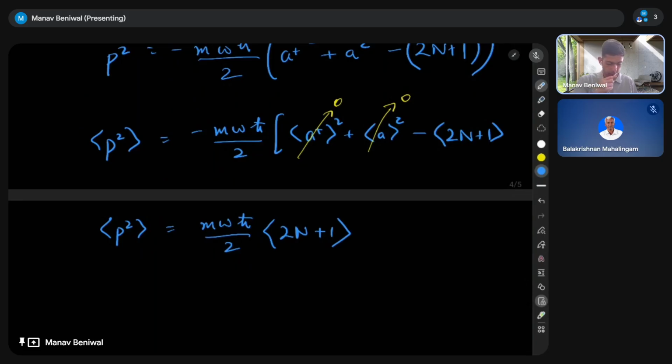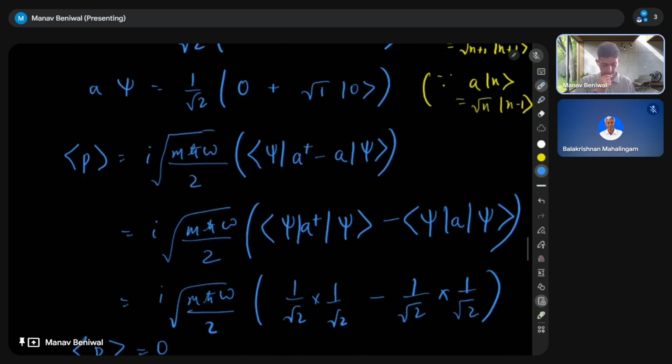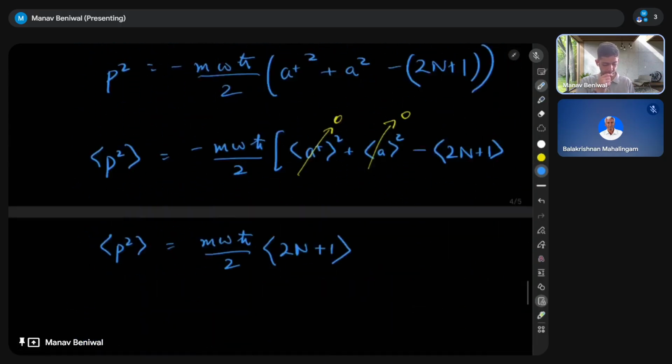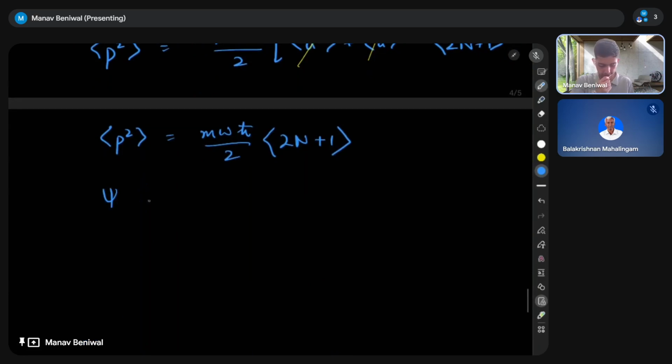So what we now have is our psi in the 0th and the first state with equal probability. Let me again write down our psi. It is 1 by root 2 (|0> + |1>), right?